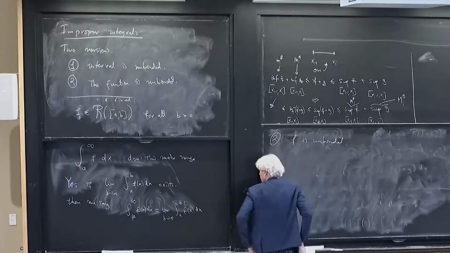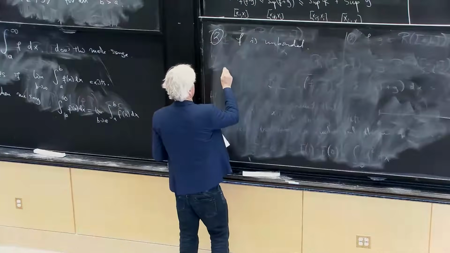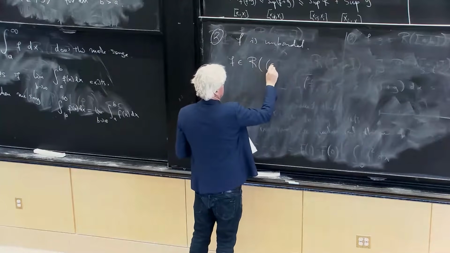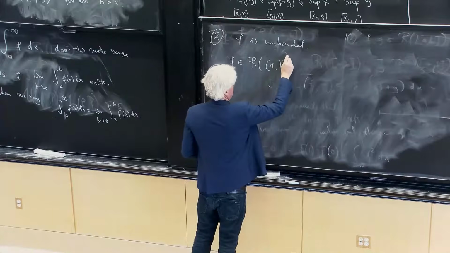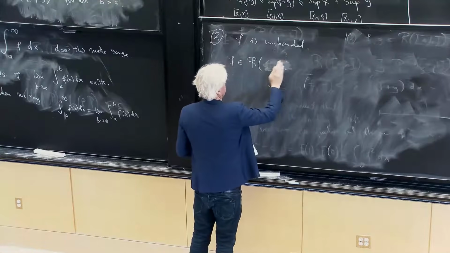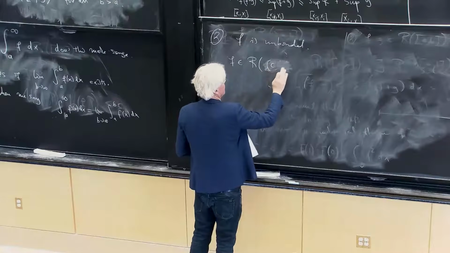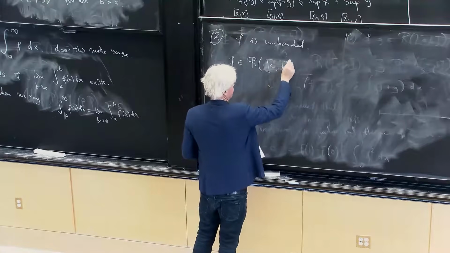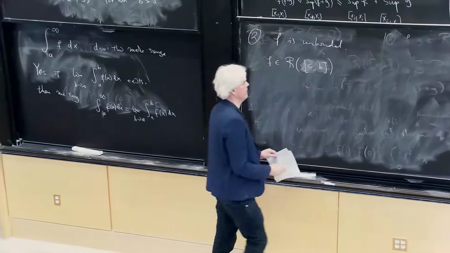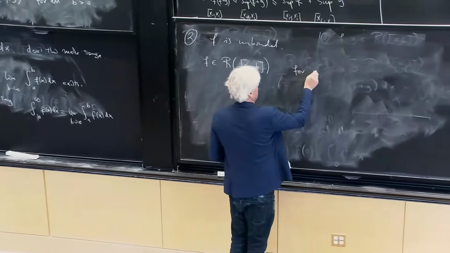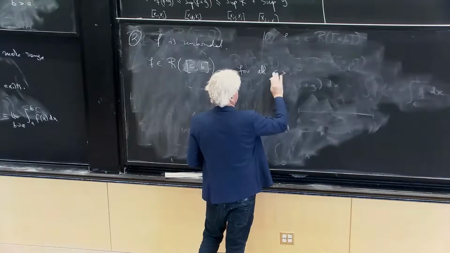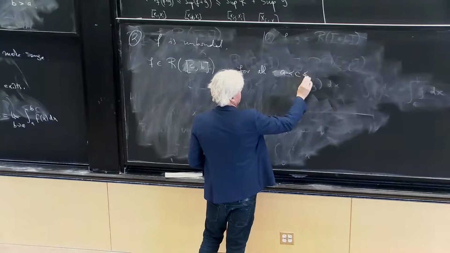So the function is unbounded, but f is supposed to be integrable from c to b for all c bigger than some a and less than b.